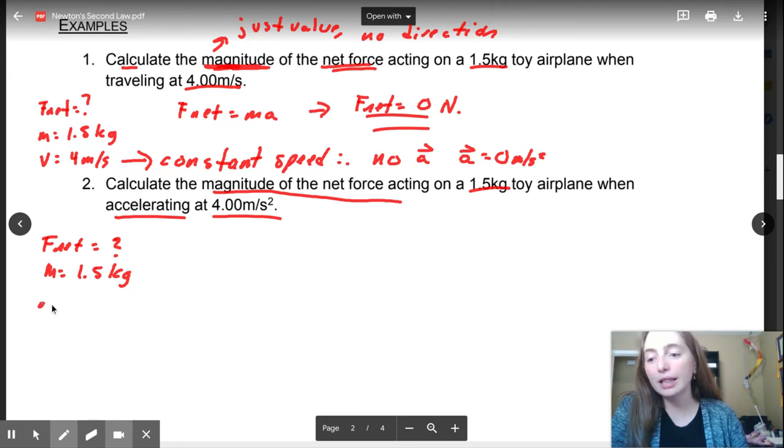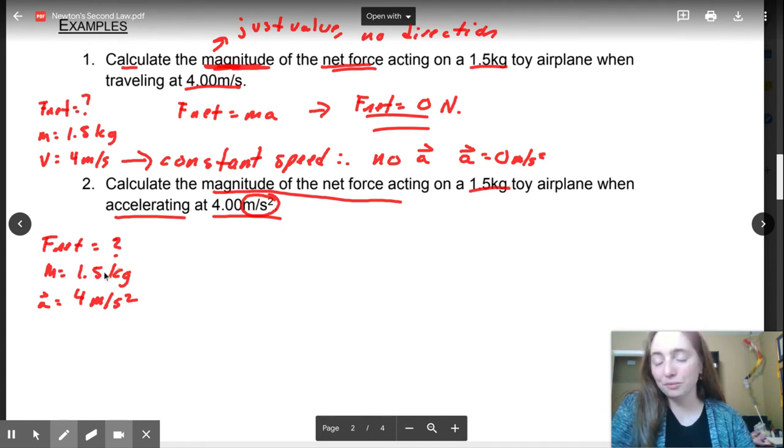So in that case, we have a value for A. Okay. And note the units, meters per second squared. We are accelerating here. So 4 meters per second squared. Sounds good?